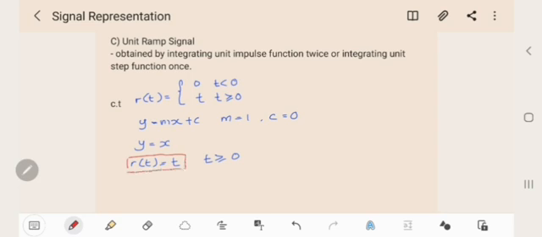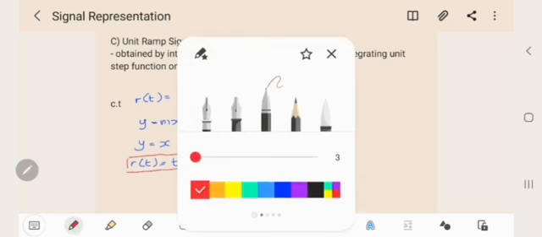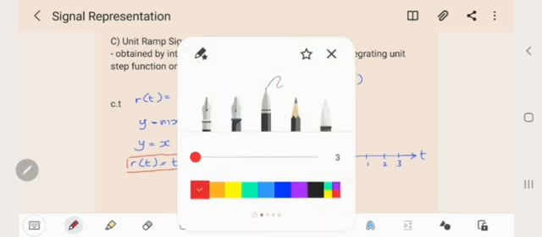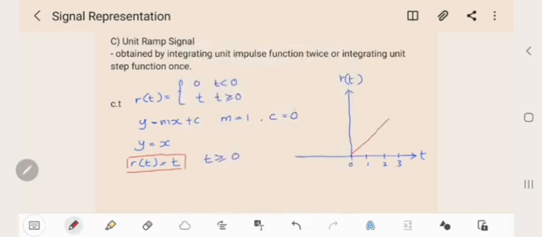Now we draw the signal. It will look like this. We have r(t) and our time t. Starting from 0, we need 1, 2, 3, and it will multiply with t, so the signal will look like this, with values 1, 2, 3.